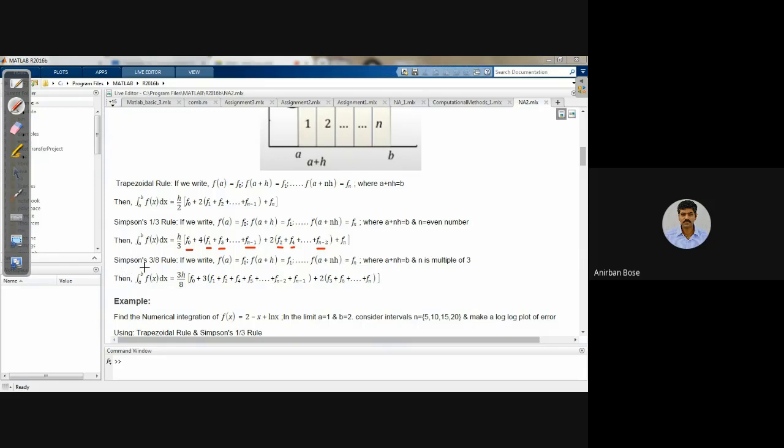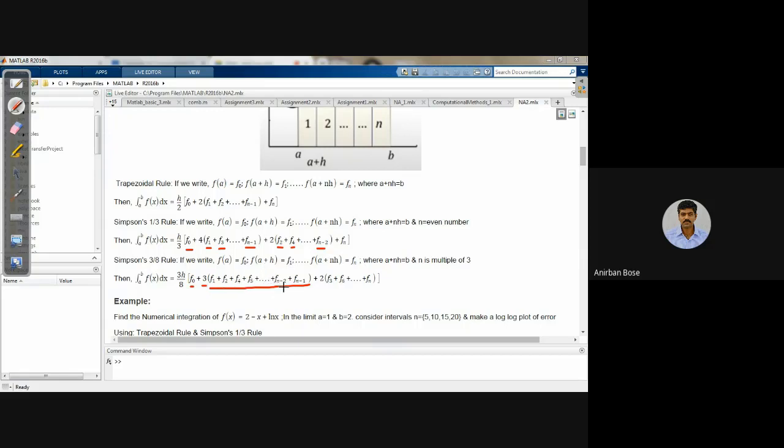And in Simpson's 3/8 rule, the formula is 3h by 8 into f0 plus 3 into, now see the terms, f1, f2, then f4. So which one is missing? f3 is missing. Then f4, f5, then f6 will be missing. Then f7, f8, then f9 will be missing, like that.